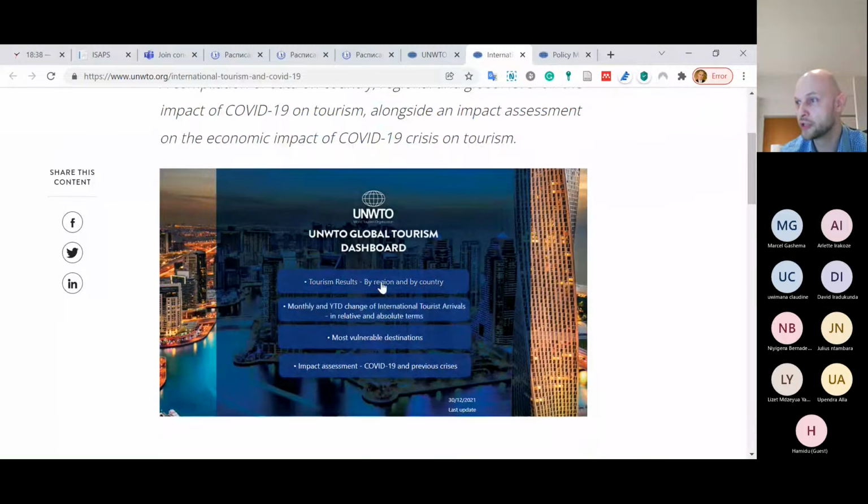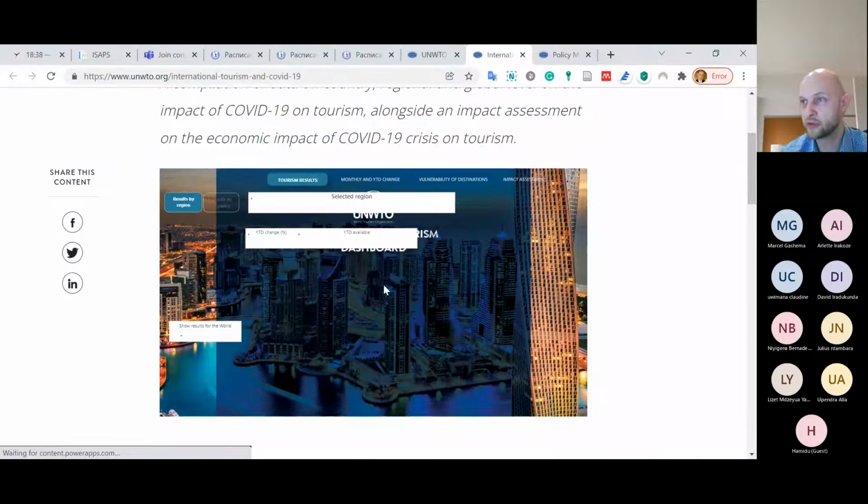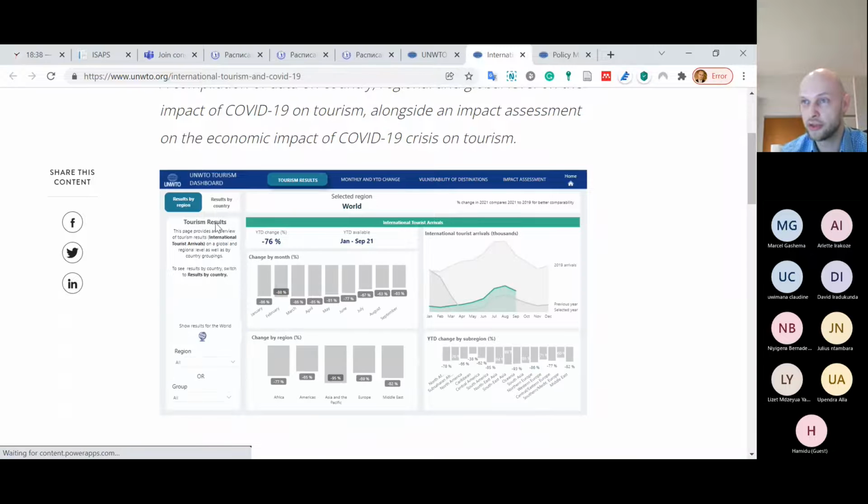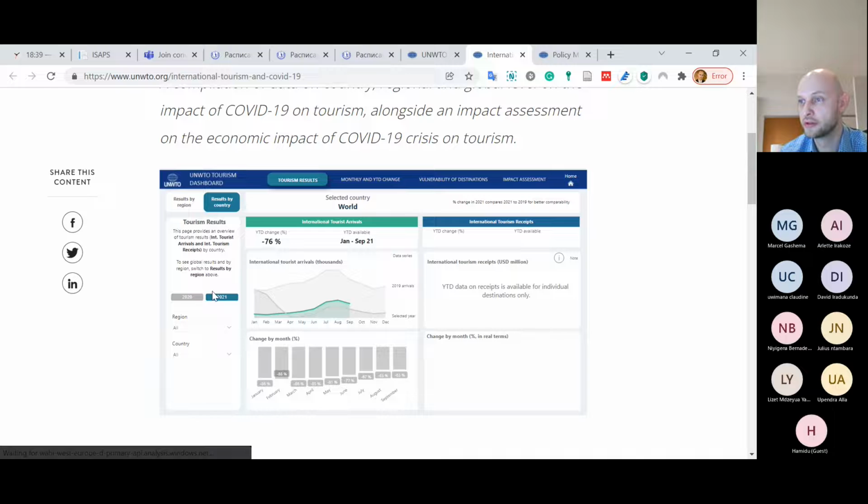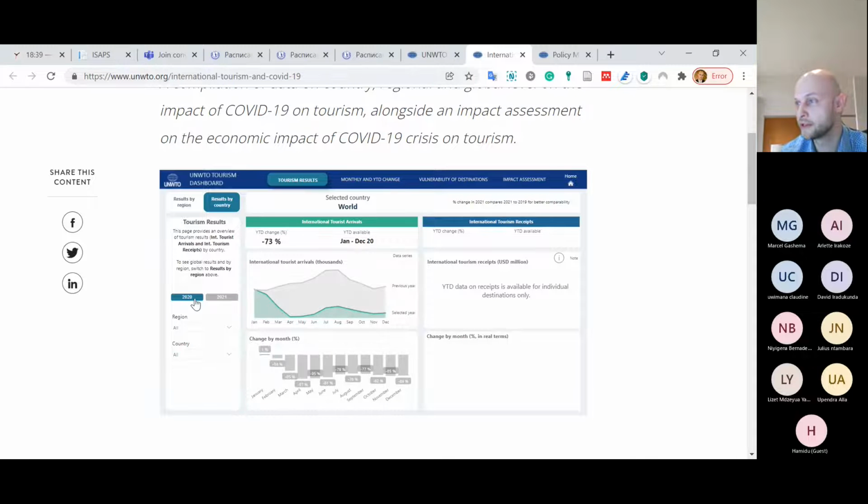So tourism results by region and country. So this time I will focus on comparing 2019 and 2020 and choose a European country by region by country.